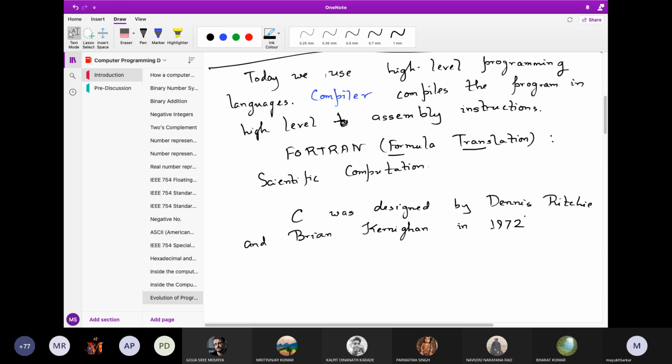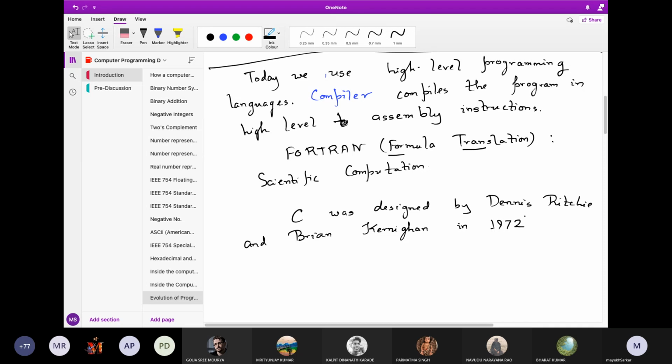As far as I can remember, it's 1972. After C was designed, a completely new era came into the history of programming. The golden era of programming started. Every program you are writing today using C, Java, Python, C++, and so on, has taken the idea from C.